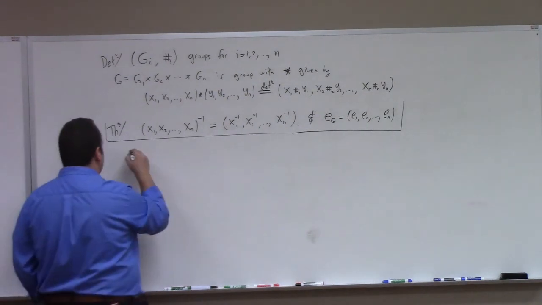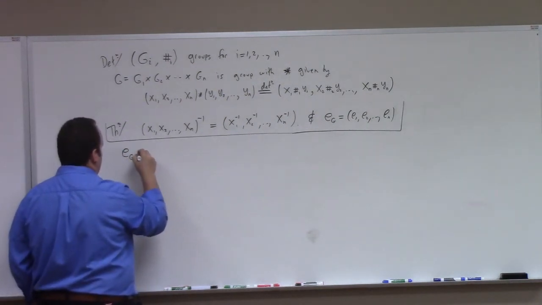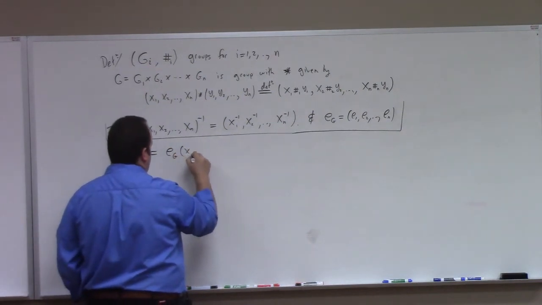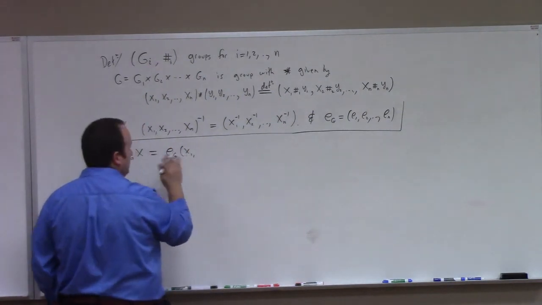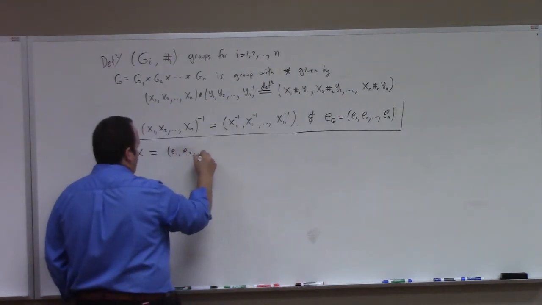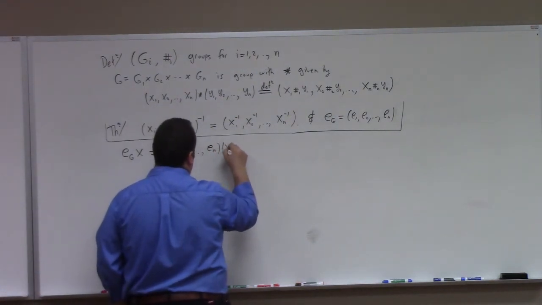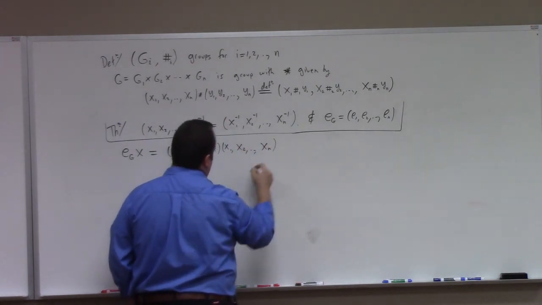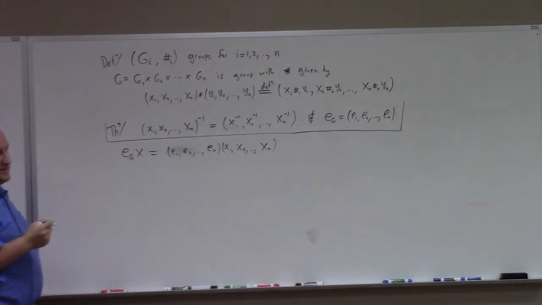So first of all, let's look at EG times x. I'm calling x the tuple of x's just to have a short notation.